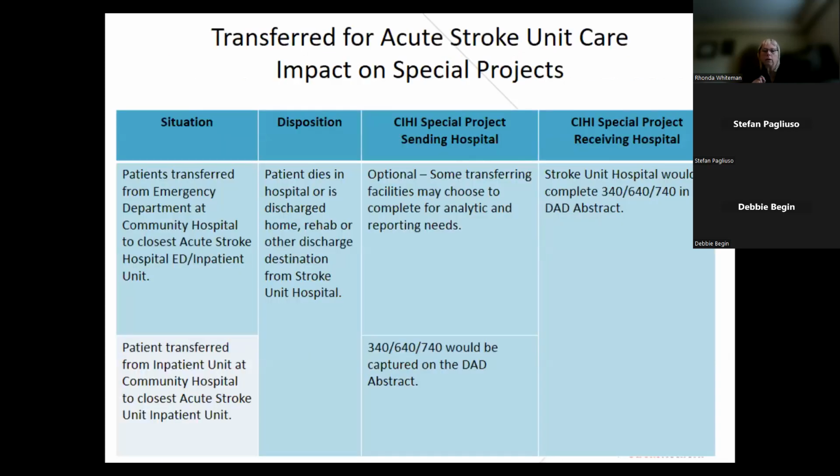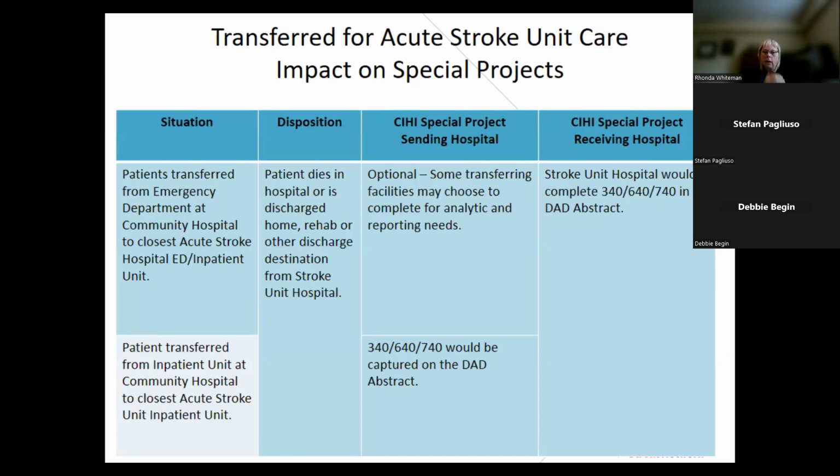So again, there are two situations which would depend on what that looks like. Patients may transfer from the ED of the community hospital. In those situations, the community hospital EDs completing the special projects is optional because they're going to an acute unit.